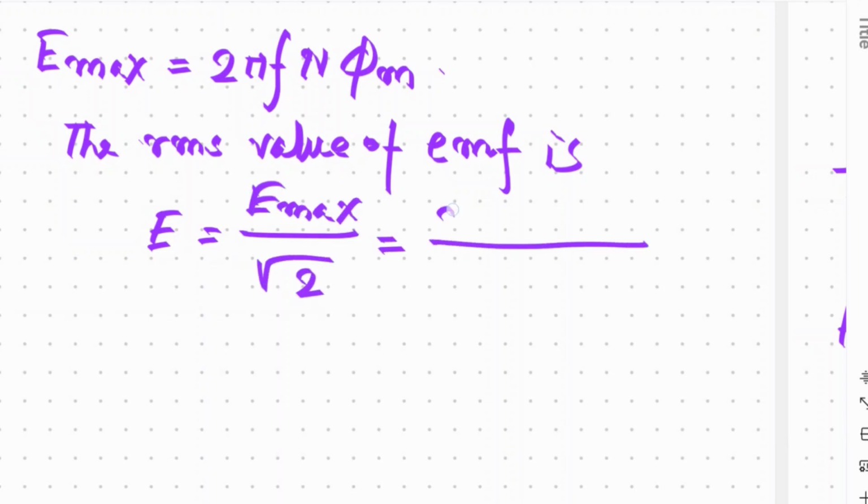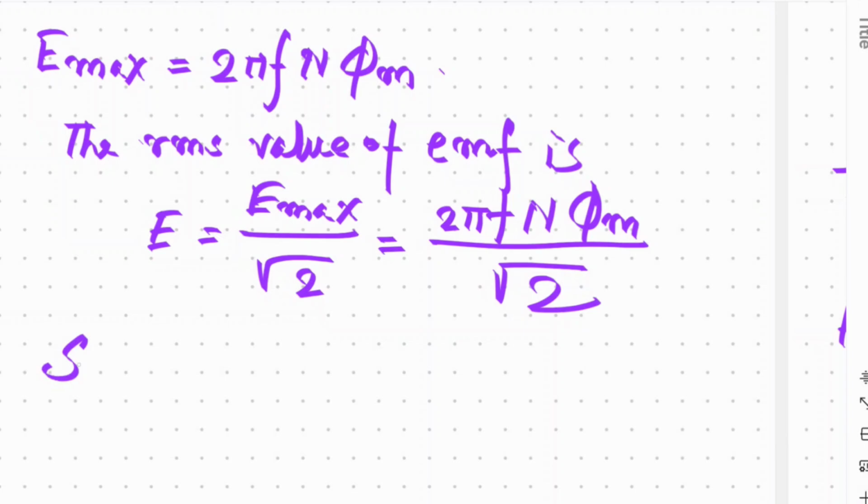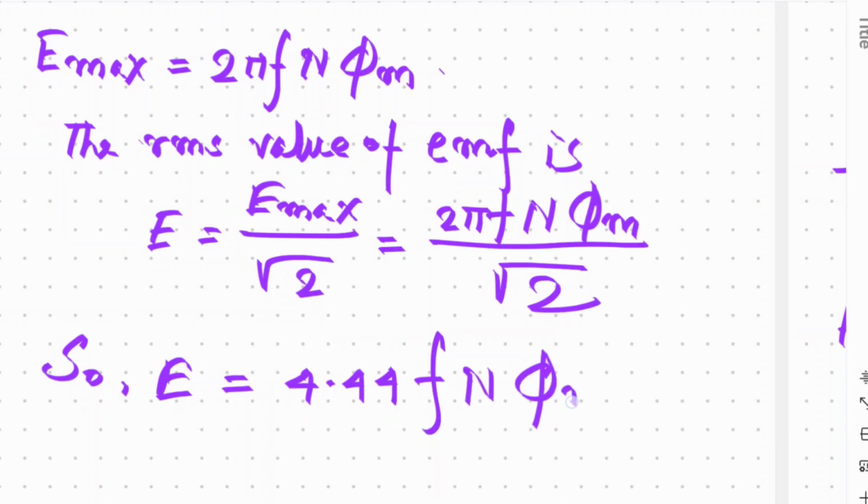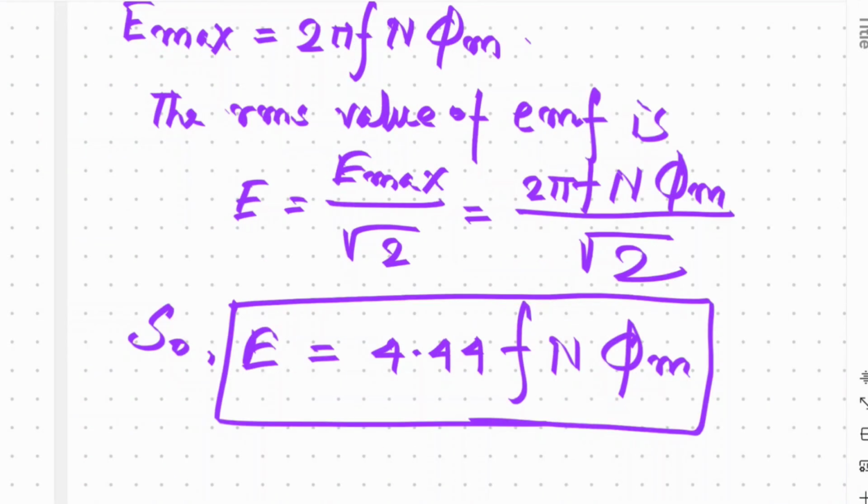So we can write 2 pi f N phi m by root 2. So E is equal to 4.44 f N phi m. So this is the general EMF equation of the transformer.